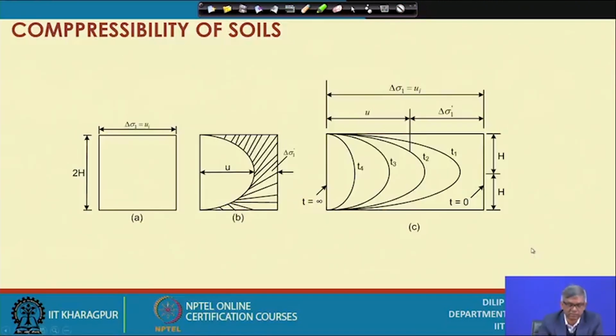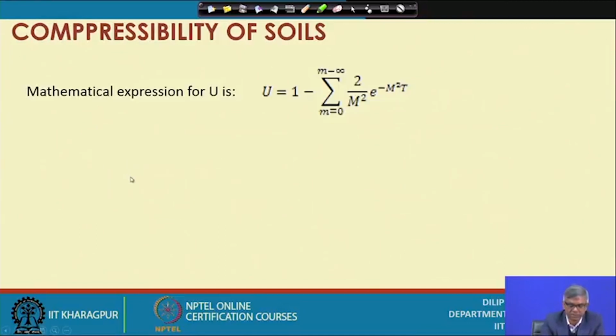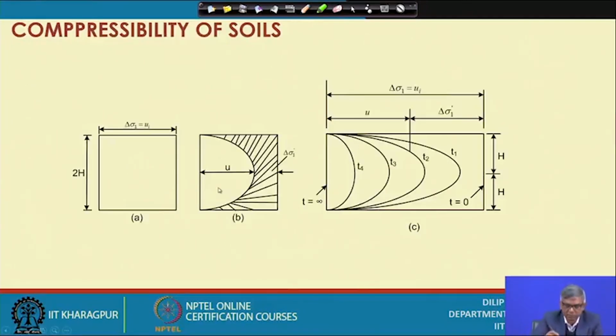You can see these are the isochrons. The initial pore pressure is like this, and at any time suppose this much has dissipated, and this is yet to be dissipated. Like that at different time intervals.